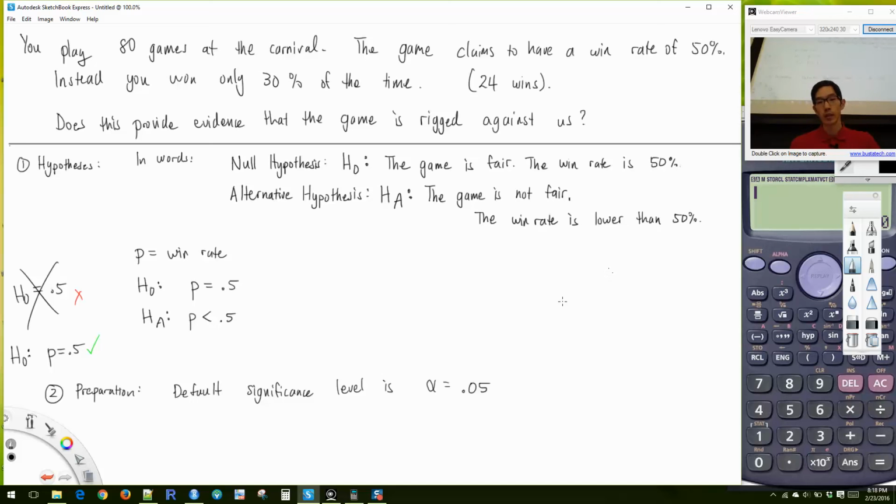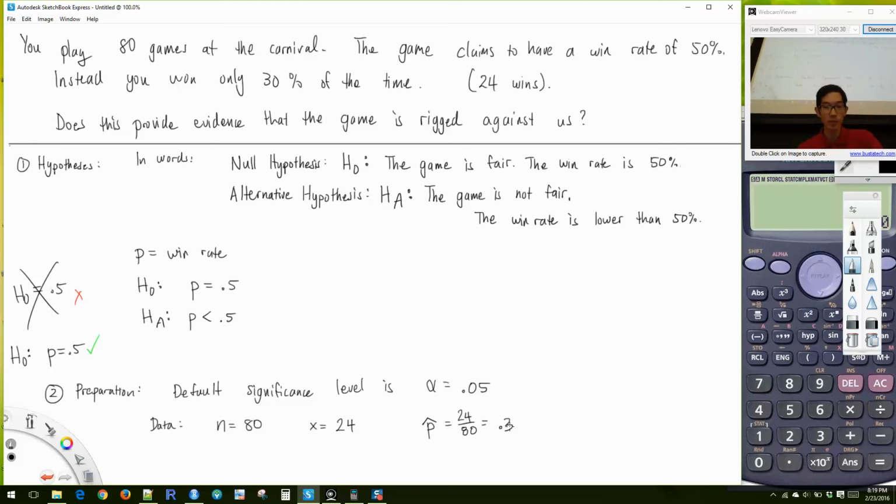Then we'll look at our data. What do we have? Our sample size is 80, and the number of wins is 24. So my sample proportion p hat is 24 over 80, which is 30%, which was also stated in our problem. So our sample proportion is 0.3.